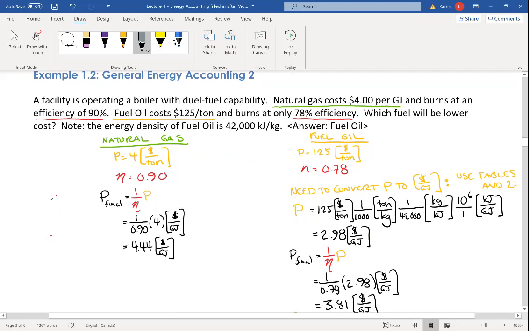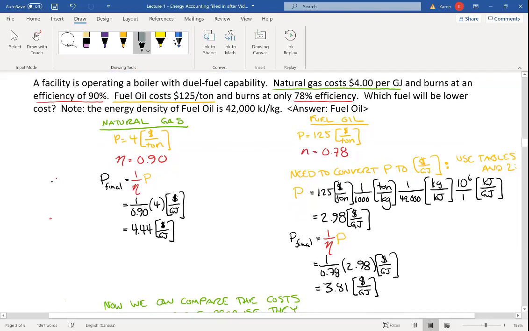So let's look at another general accounting question. In this one, I'm showing you how to figure out the dollars per gigajoule of different types of fuels. So we have natural gas at $4 per ton. That is actually around about the price that it is realistically in Ontario. And then you have the cost of fuel oil, which is $125 per ton, which is a little bit lower than it is in Ontario.